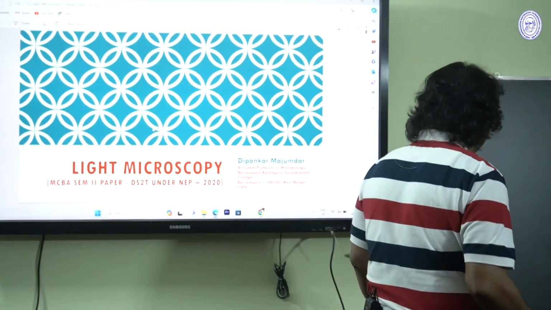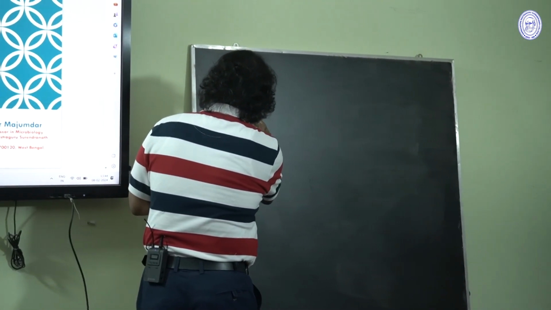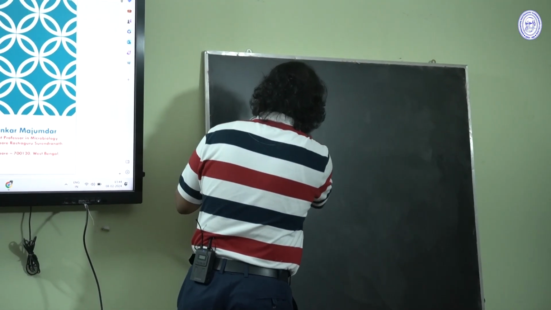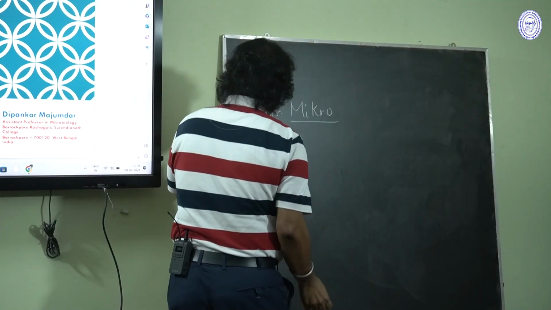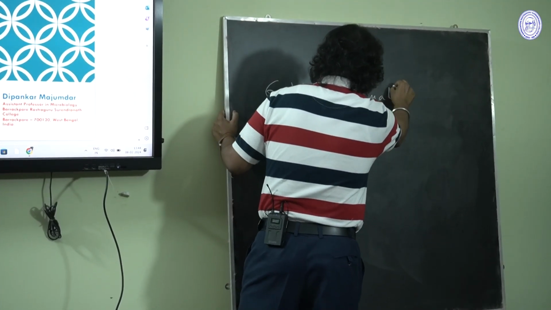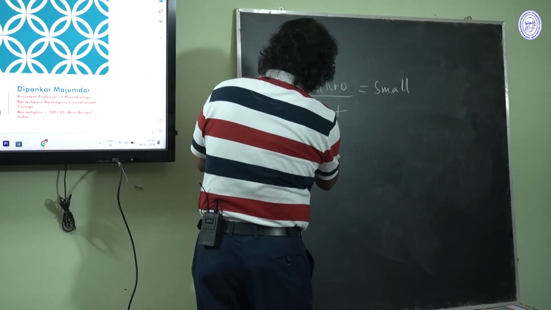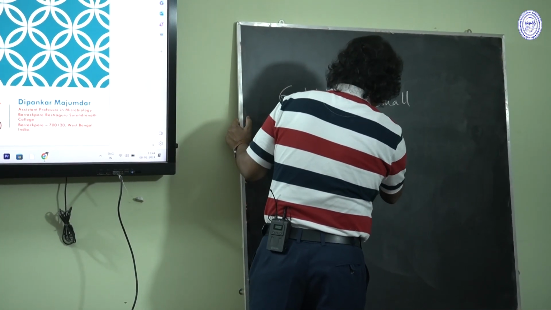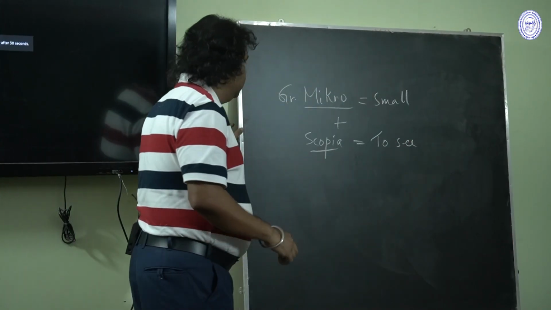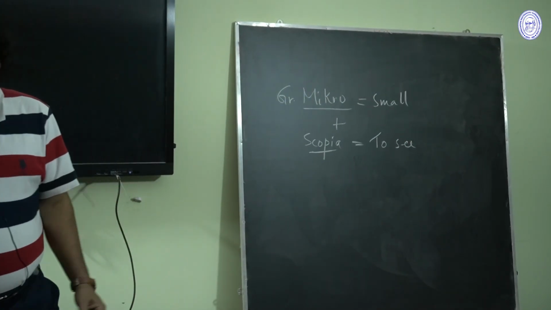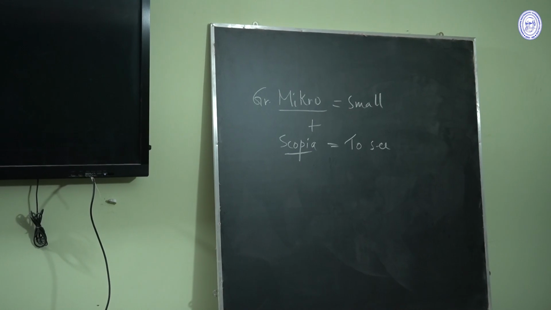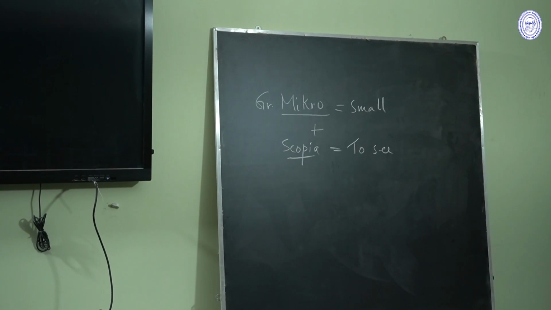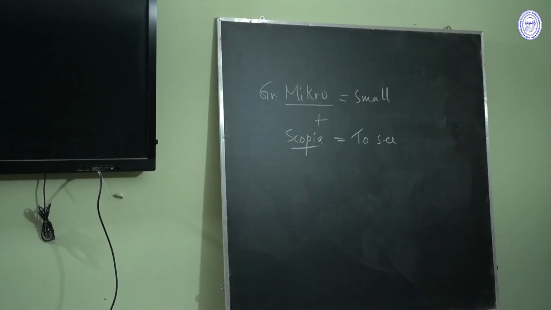Now, the word microscope is derived from two Greek words: micro, that means small, plus scopia, that is to see. So, the small objects or small living organisms that are seen with the instrument is known as microscope.